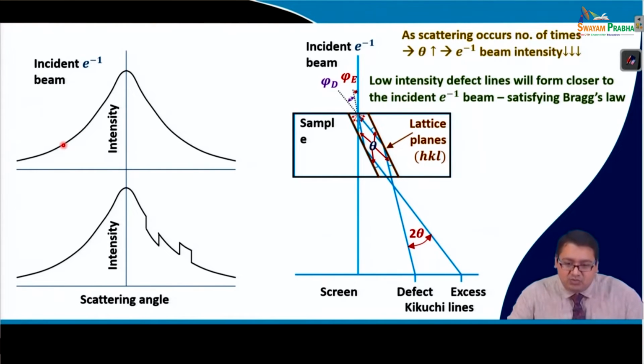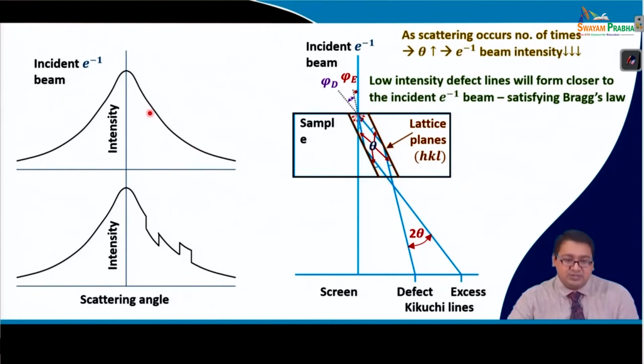But you see that once these Kikuchi bands start to form, say for example, for a certain HKL plane, and the excess line and the defect line generate, then what is basically happening is that the intensity which is present here, because of the diffraction, is going and falling here, whereas the intensity which usually will fall here without the Kikuchi diffraction will go and fall somewhere here.